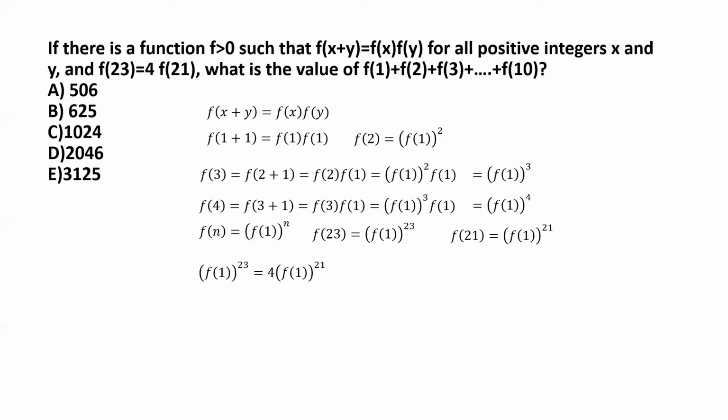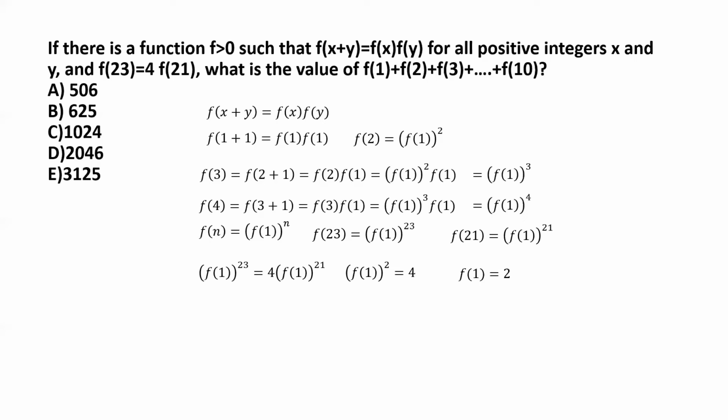If we divide both sides by f(1) whole to the power 21, on the left hand side we have f(1) square, and on the right hand side we're left with 4. So f(1) square is equal to 4, and from this we obtain f(1) is equal to 2.